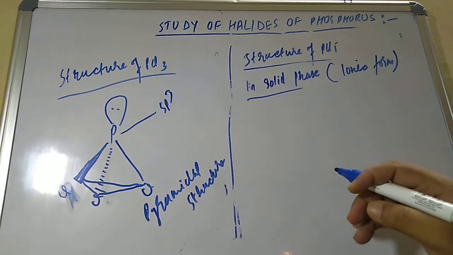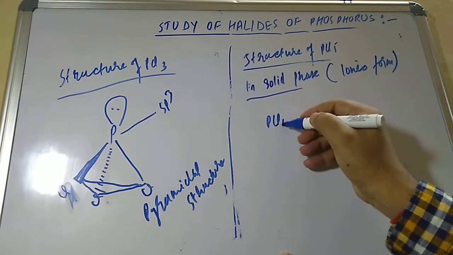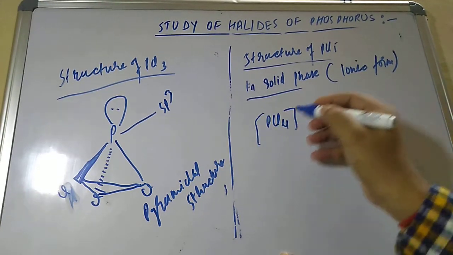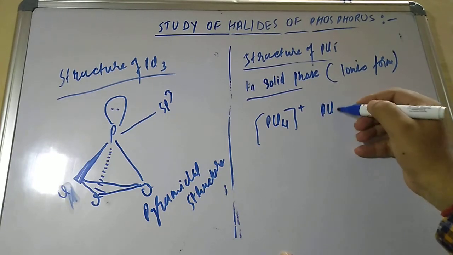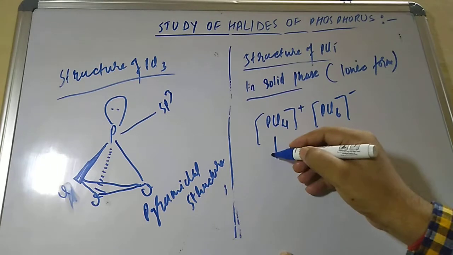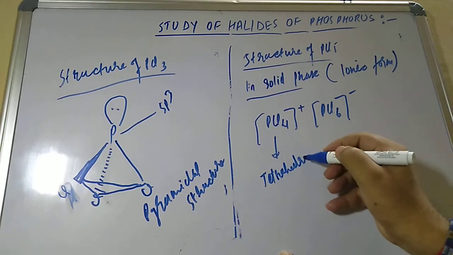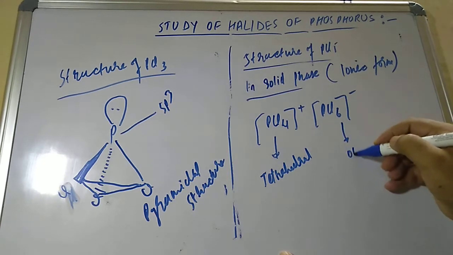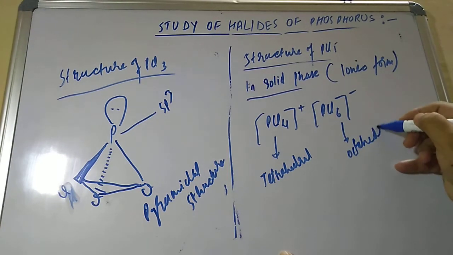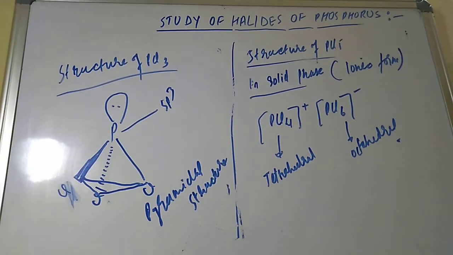You can understand, friends, that it exists as PCl4 plus, the positive charge, and PCl6 minus, the negative form. The PCl4 plus is tetrahedral, and PCl6 minus is octahedral. So this is all about the study of halides.